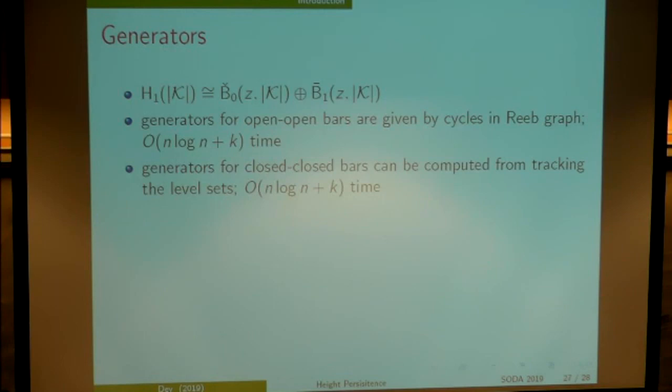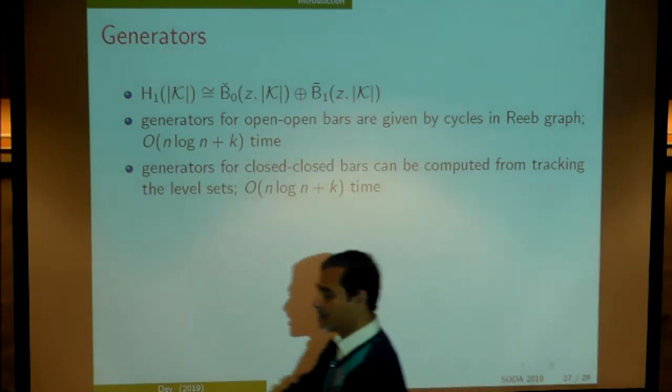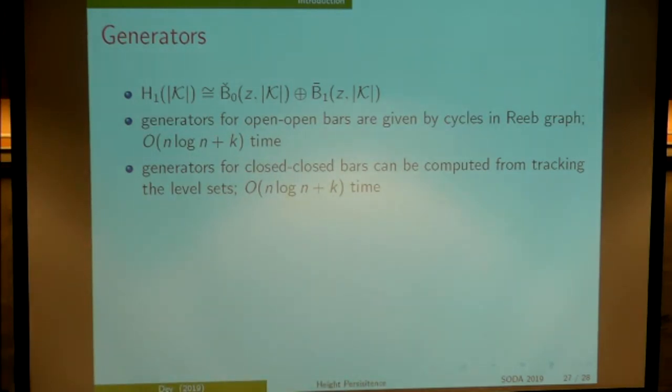Now for the closed bar, since I'm tracking the level sets, when I know when a closed bar appears, I can compute which cycle actually started that closed bar. Since I know where exactly that cycle is, tracking is nothing but walking through the simplices, which gives you exactly the k.